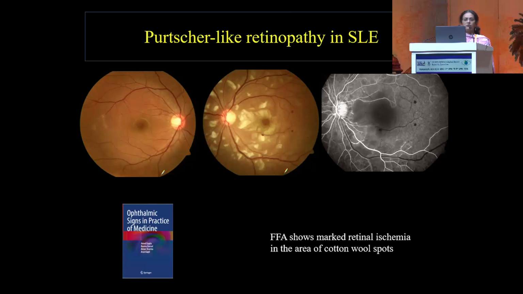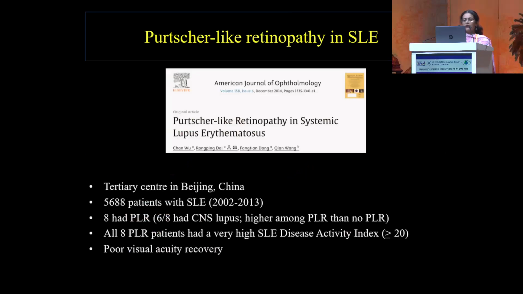So this causes profound vision loss, and Purtscher-like retinopathy, or PLR, in SLE has a lot of significance. There is a study from China where they screened more than 5,600 patients of SLE over a period of a decade, of which 8 had PLR.